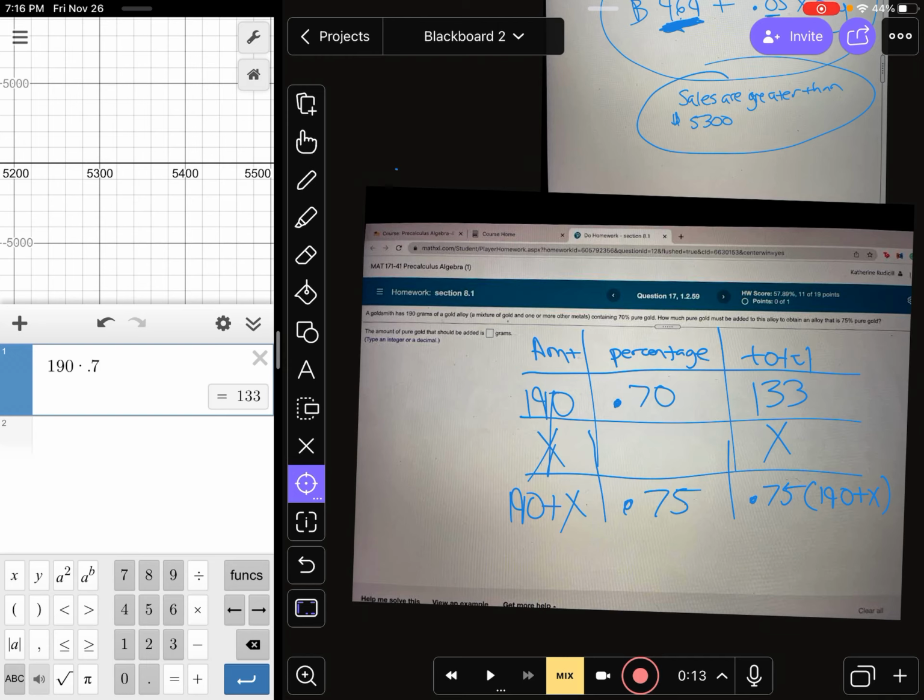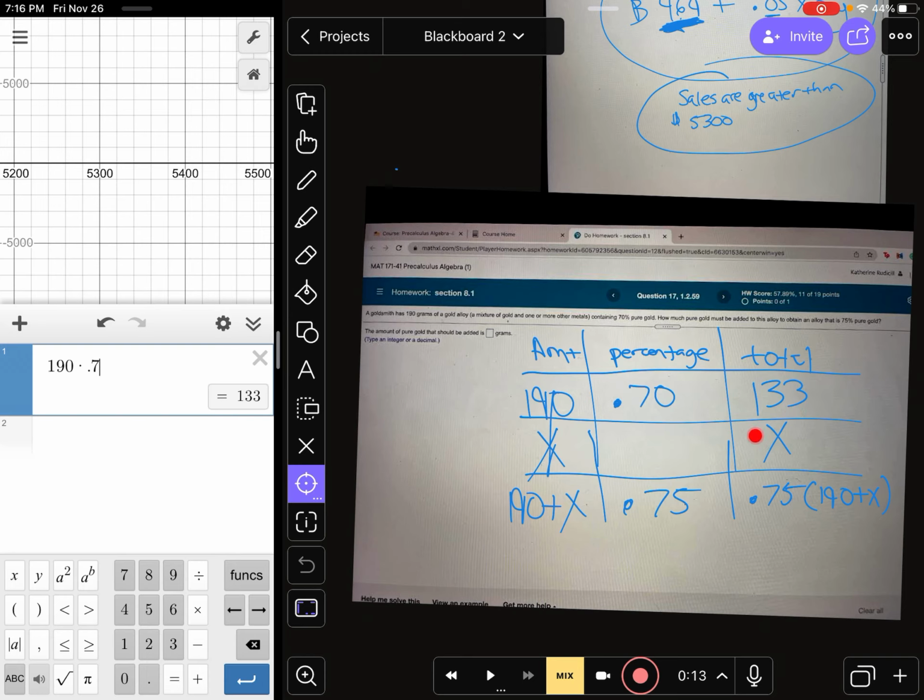Here's an equation. Actually, there's only one equation here. The equation is this plus this has to equal this. 133 plus this equals this. And the reasoning here is that in his initial mixture, he had 133 grams of pure gold.